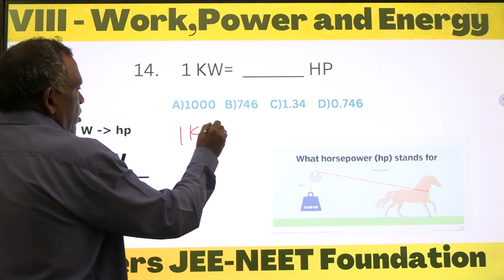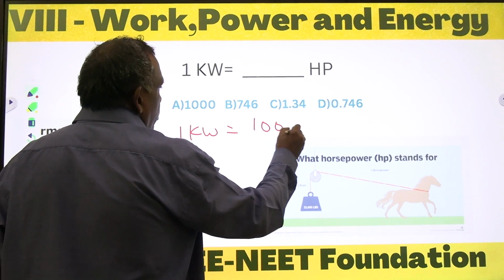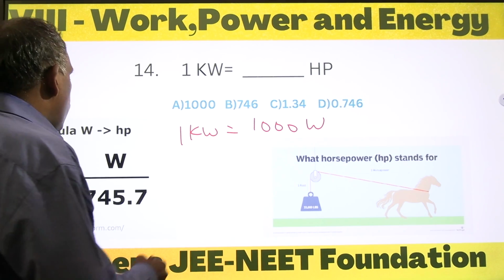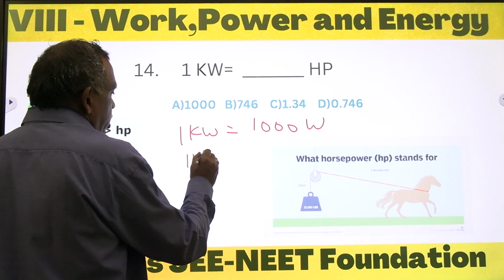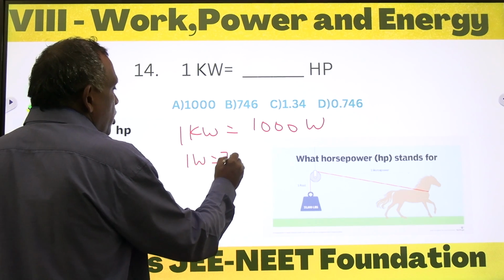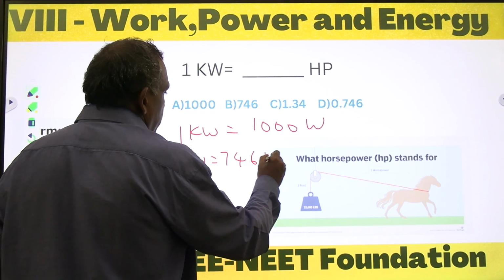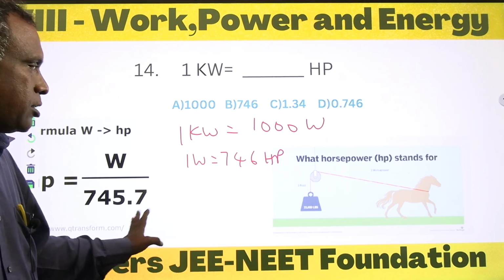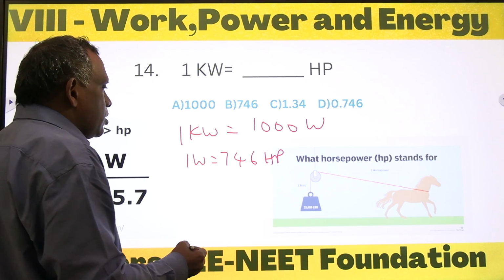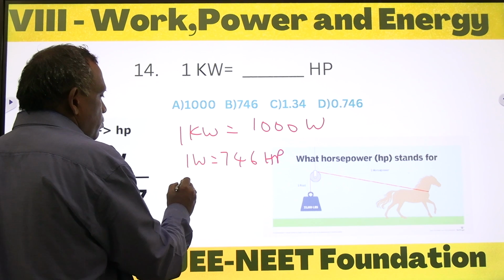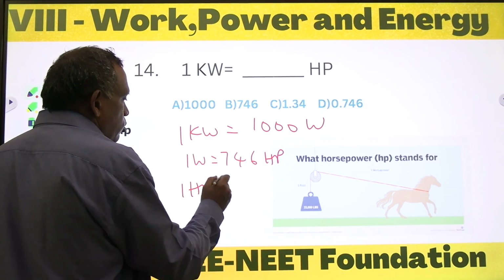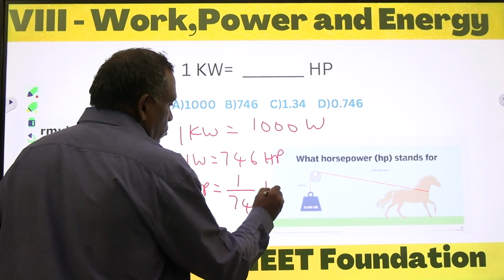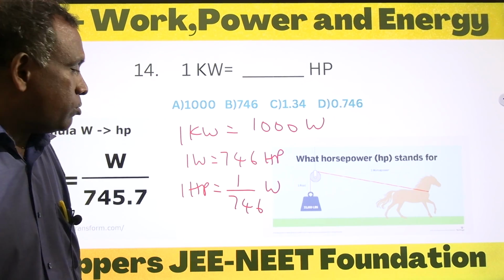You should know that first of all. 1 kilowatt is equal to 1000 watts. 1 watt is approximately equal to 1/746 horsepower.